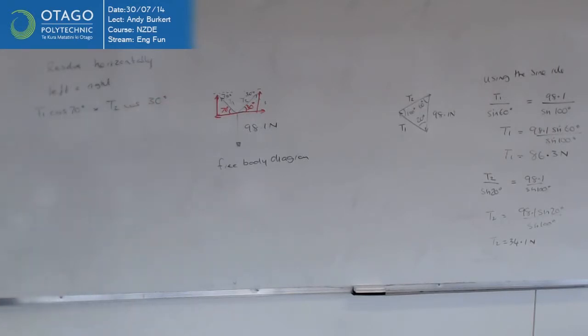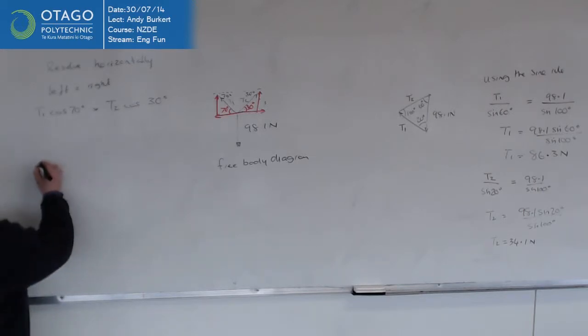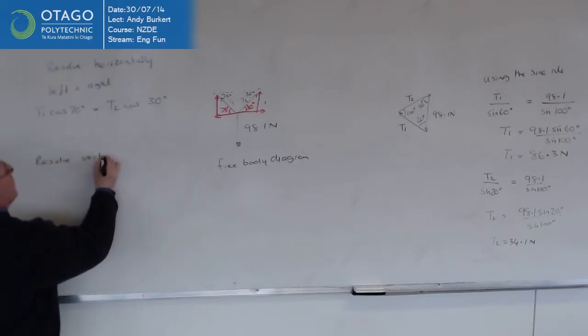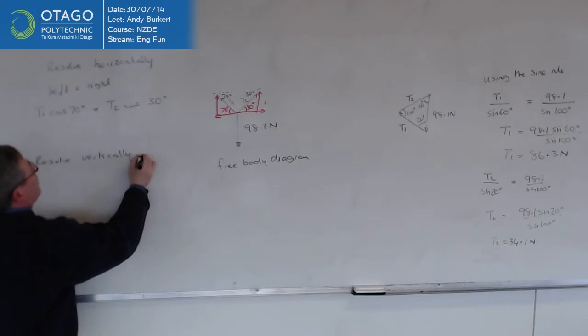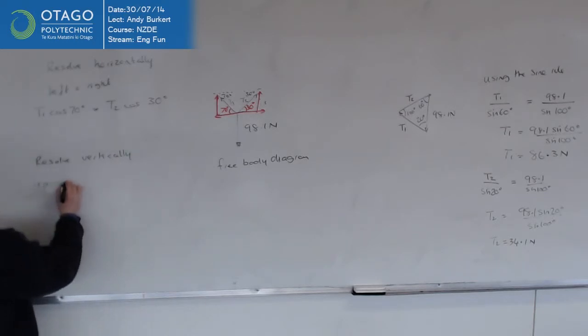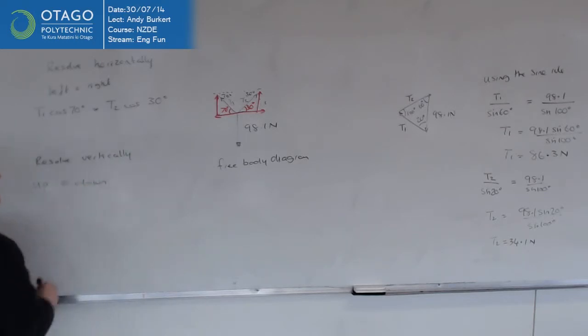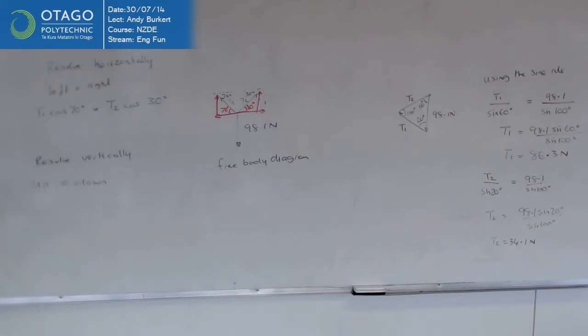Yeah? Now we can't solve that because there's two unknowns in there. We don't know either T1 or T2. So we can't solve that yet. So let's leave that for now and let's have a look if we resolve vertically. So if we resolve vertically, up must equal down. So what's acting vertically?